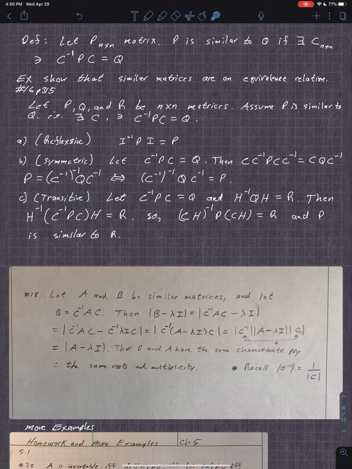Okay, and we are going to use the concept of equality being an equivalence relation as well in here. Basically what you've got to do is, I actually should have said this: you want to assume P is similar to Q, then you get this. That's the definition. From that, you multiply both sides by C on the left, and multiply both sides by C inverse on the right.